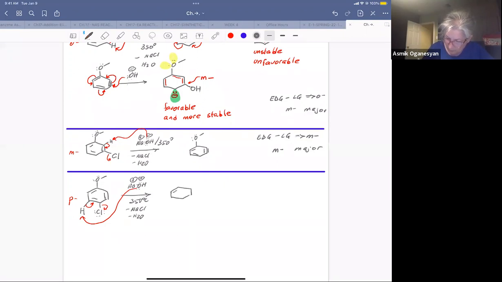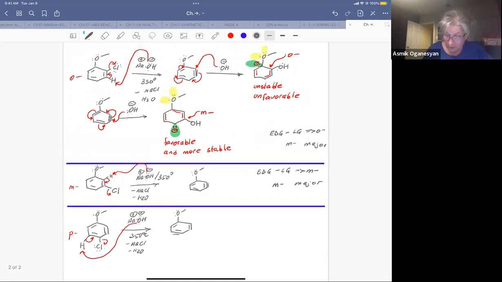And so we're going to end up with this intermediate. And as we can see, I forgot to do the color labeling, so let's go ahead and do the color labeling here. With the ortho substitution, we ended up with 2 eligible positions, out of which meta position was favorable.